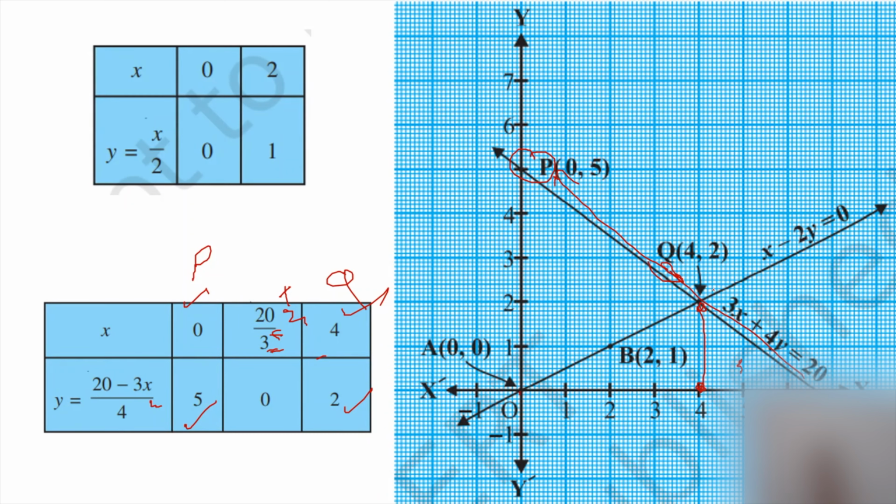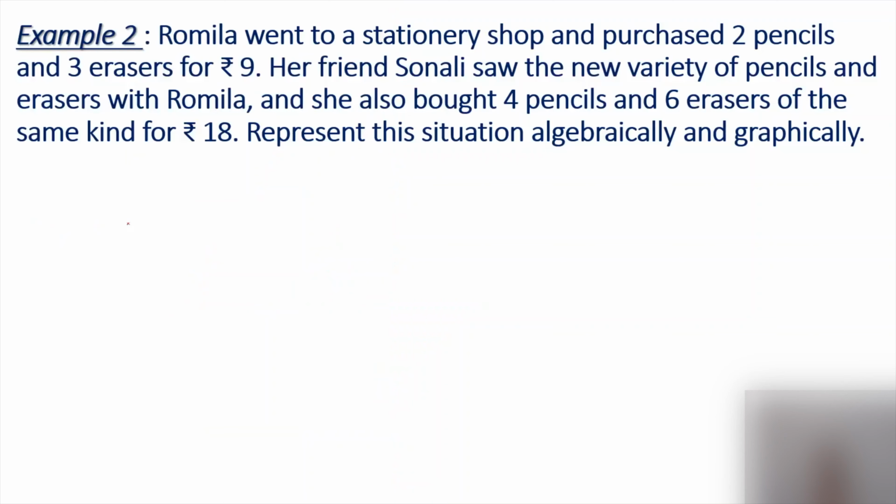Now we can see that these two lines are intersecting at this point Q, which means that Q is the solution of the first as well as the second equation. It means we can say that this is the common solution of both the equations. Now let us consider one more example.